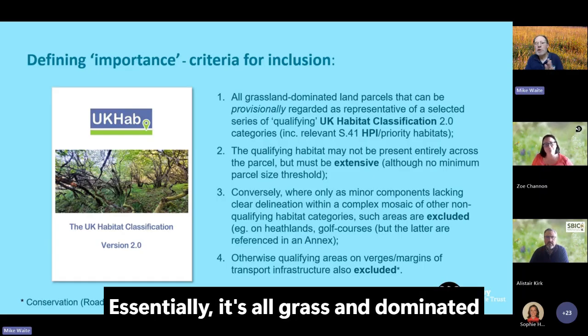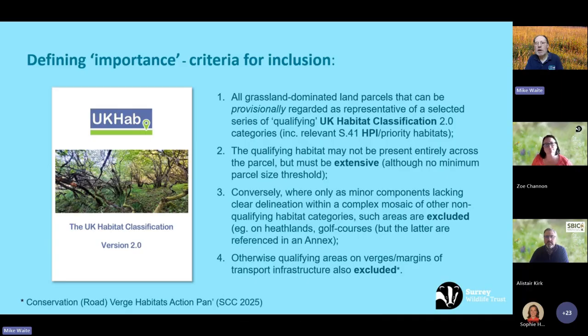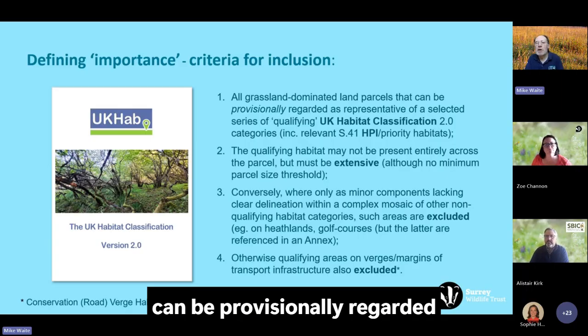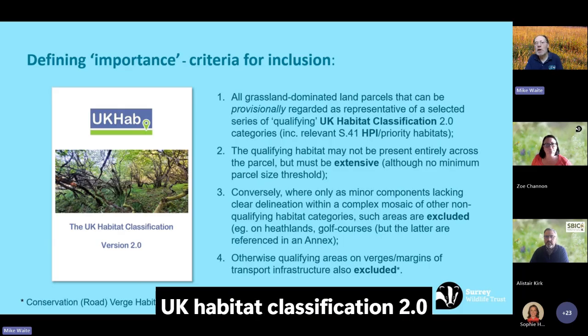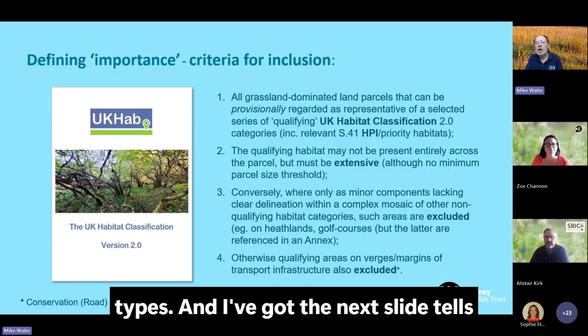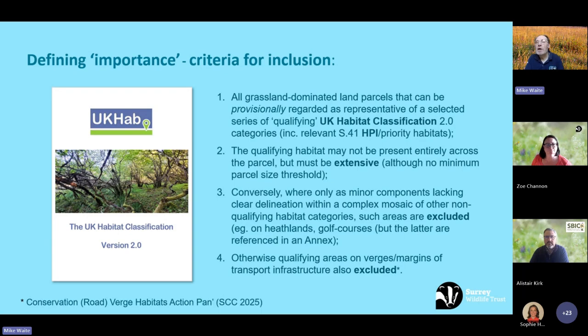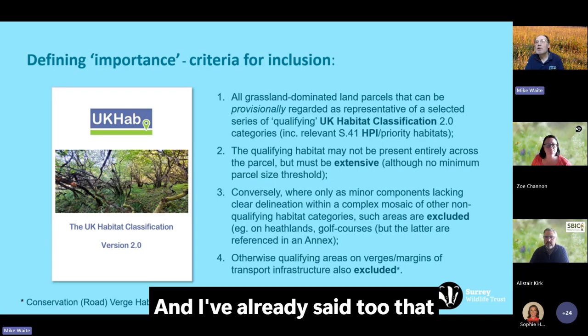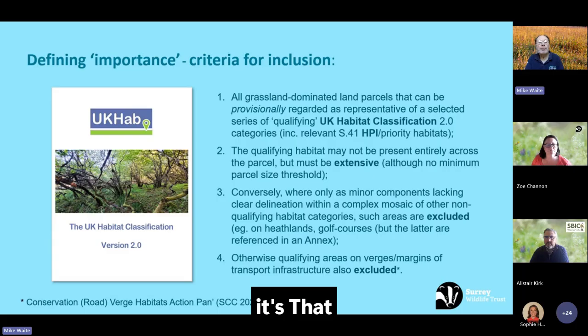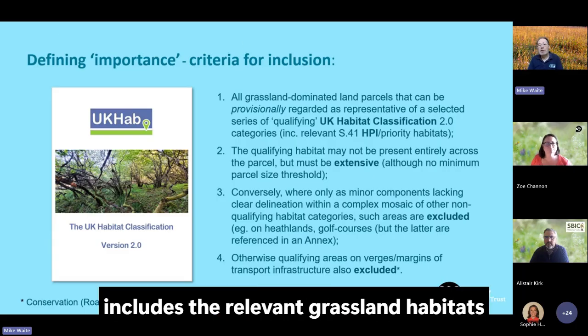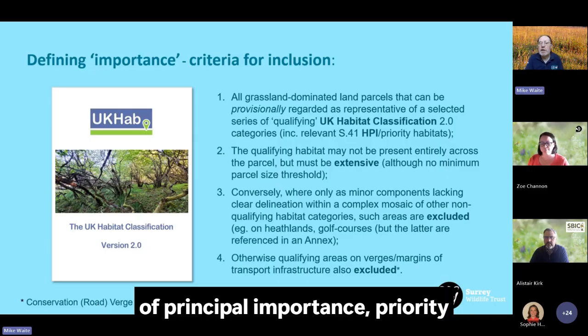Essentially, it's all grassland dominated land parcels that can be provisionally regarded as representative of the current UK habitat classification 2.0 types, and the next slide tells you what types they are. It includes the relevant grassland habitats of principal importance, priority habitats.